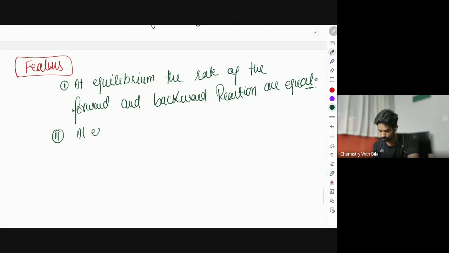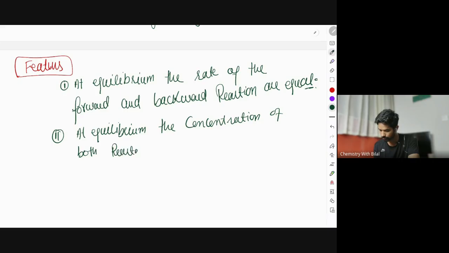At equilibrium, the concentration of both reactants and products does not change.